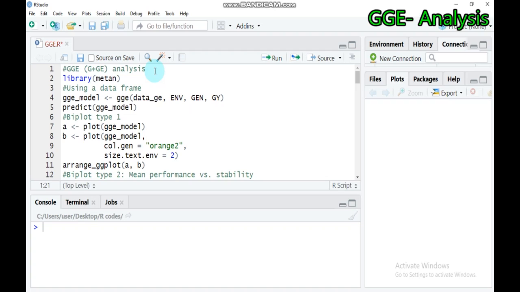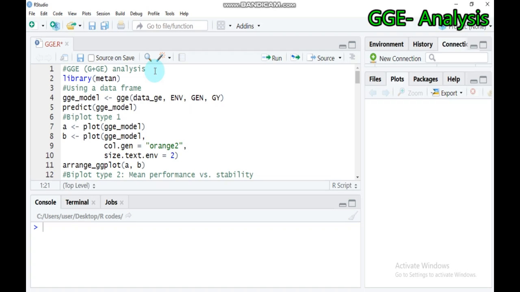It is nowadays widely used for genotype evaluation and mega environment identification in multi-environment trials. So these models consider a GGE biplot, that means genotype plus genotype environment interaction, which is constructed by the first two symmetrically scaled principal components, that means PC1 and PC2.